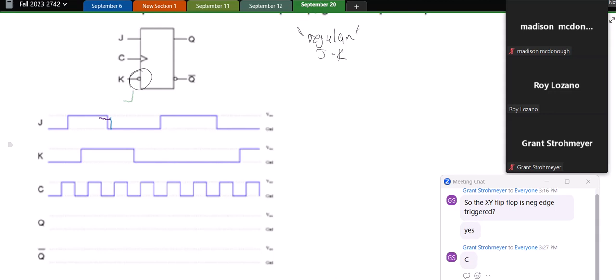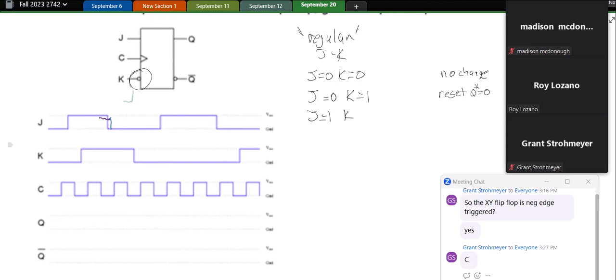So normally with a JK flip-flop, I'll put regular JK. We have that when J equals 0 and K equals 0, we have no change. When J equals 0 and K equals 1, that would be a reset, or you can just say our output Q star equals 0.